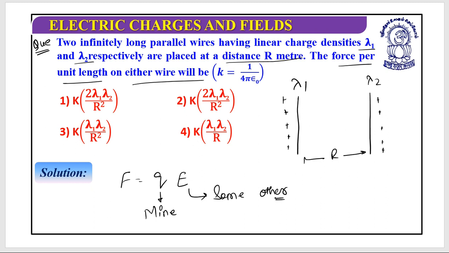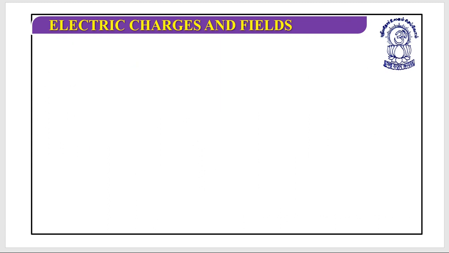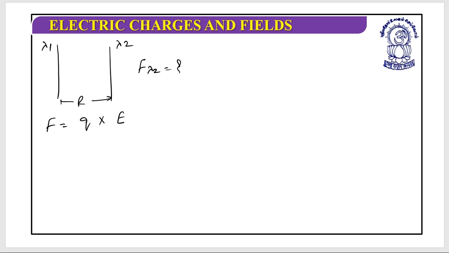So let's find out force on the lambda 2 wire. Let's do this very quickly. This is lambda 1, this is lambda 2, their separation is r, and you need to find out force on the lambda 2. So this is F is equal to Q into E. Force will be mine.